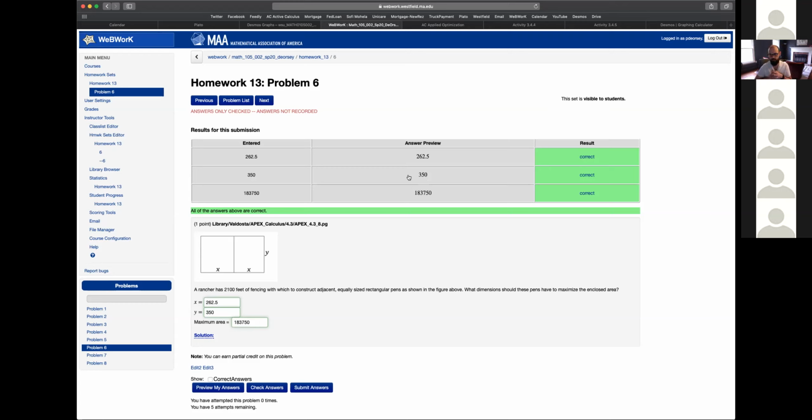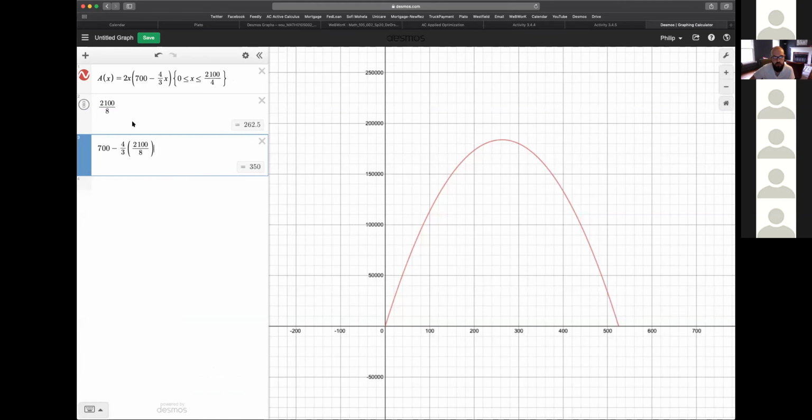We then used our constraint function to get rid of one of the variables, so we got down to a single variable equation, and then we used our techniques of calculus to find the optimal values. We found an interval on which we wanted to optimize, took some derivatives to find our critical points, and checked our critical points and endpoints, which allowed us to identify maxes and mins. We also see that Desmos is a really nice tool.